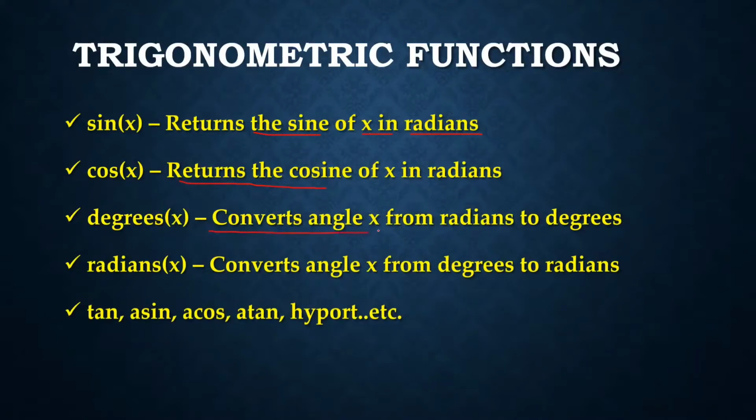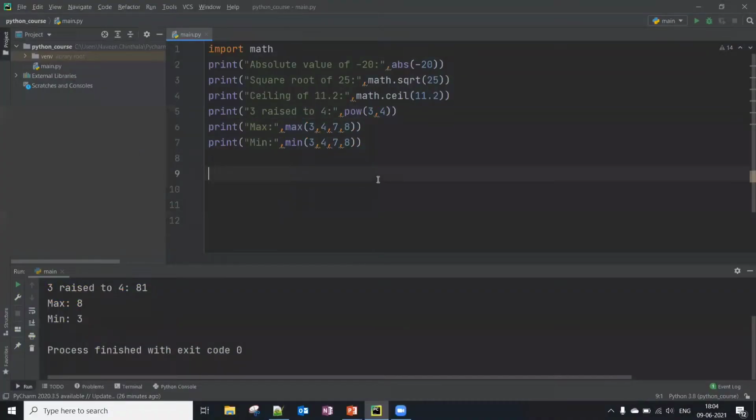The degrees function converts angle x from radians to degrees, and radians of x converts angle x from degrees to radians. We have other functions also, and these all reside in the math module. So I will give you a simple example.